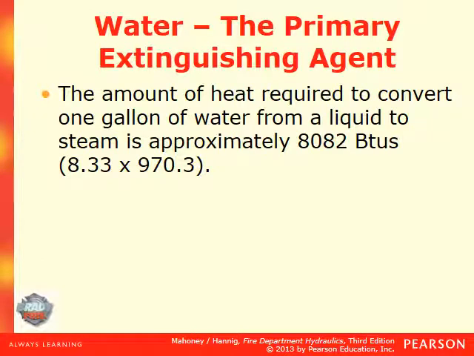The amount of heat required to convert 1 gallon of water from a liquid to steam is approximately 8,082 BTUs. This is illustrated by the weight of 8.33 times our constant of 970.3.